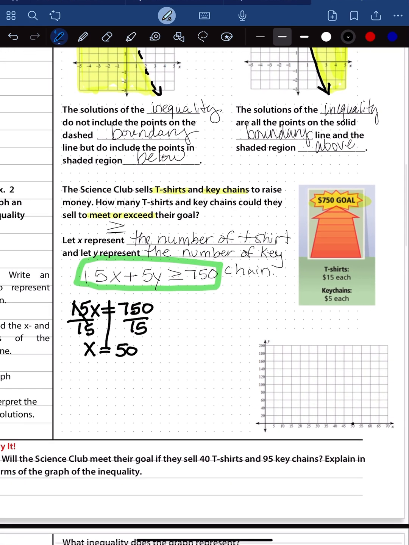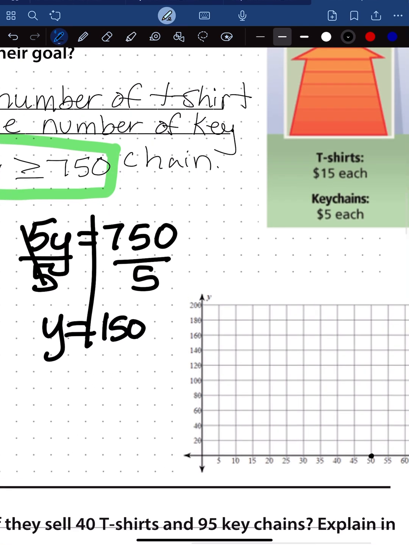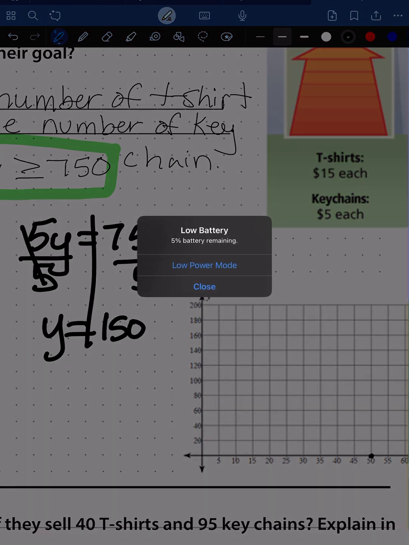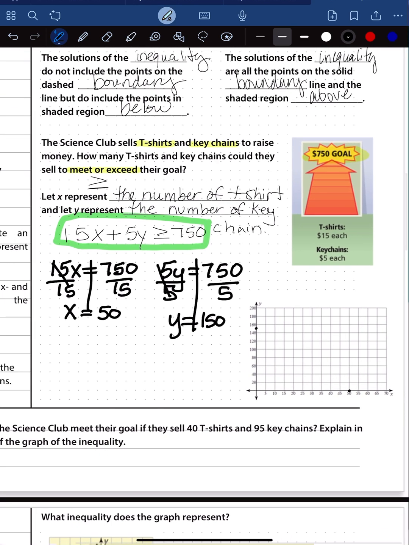Now we're going to look for the Y-intercept. I'm going to take the Y portion, set that equal to our total. To solve for Y, we're going to divide both sides by our coefficient of 5. 5 goes into 750 150 times. So we go to our Y-axis, and we put a point at 150, which is right between 140 and 160.